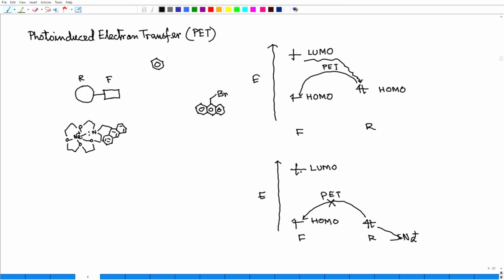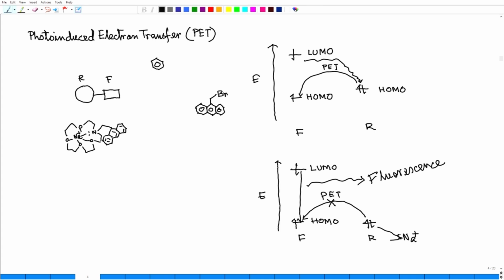So it comes down, giving me a strong fluorescence. So, this is the frontier orbital diagram of the PET process.